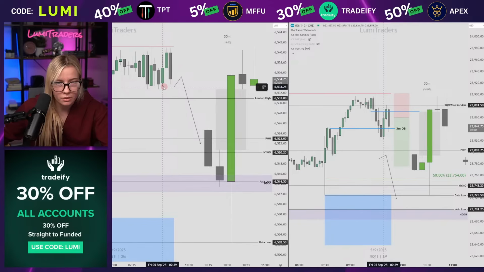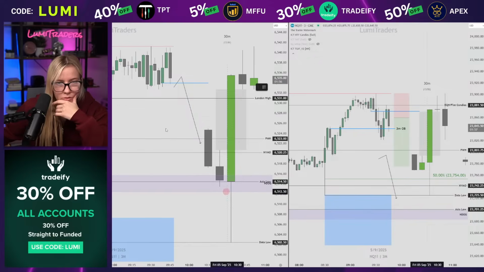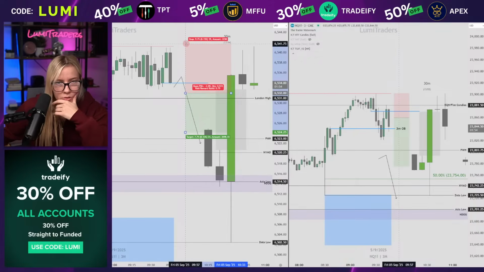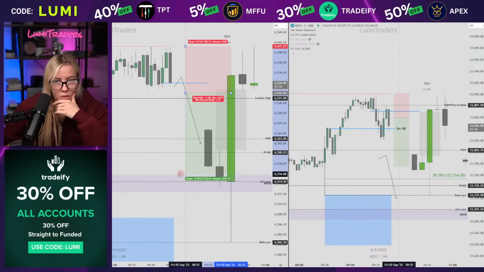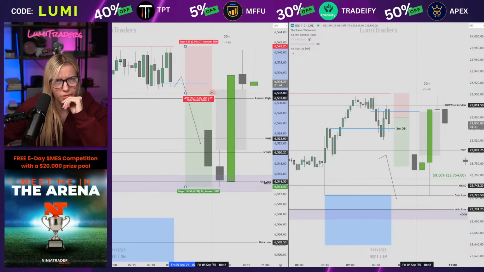Let's compare this with ES. On ES, closure below this level, closure, stop loss. 2R. Not sure about 2R at this point. Let's use the Asia low. Which one is better? I don't know yet.